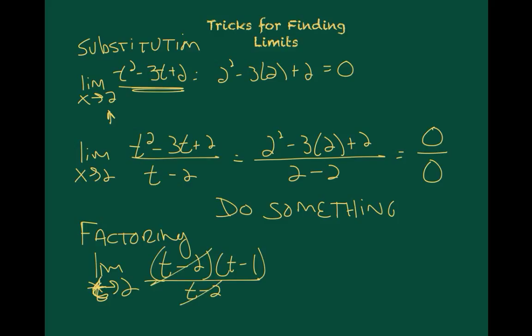The t minus 2's will cancel, and we're left with the limit as t approaches 2 of t minus 1, which is just 2 minus 1, or 1.